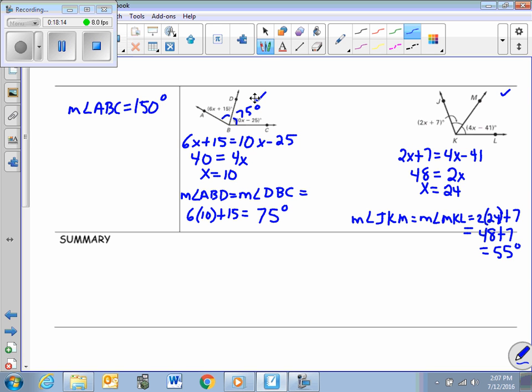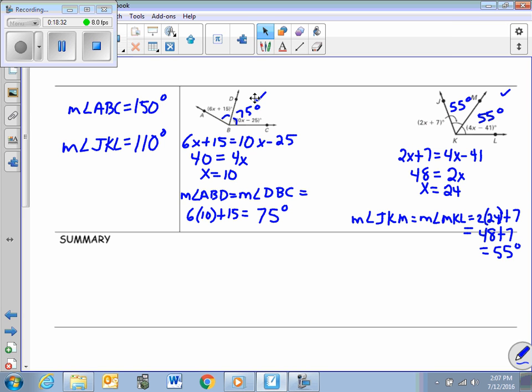And in the next problem, I got that the measure of each angle is 55 degrees, which would make the measure of angle JKL 2 times 55, which is 110 degrees. And those look much nicer than my example I made up because they are both obtuse angles, and when I add those two congruent angles together, I do get measures greater than 90.